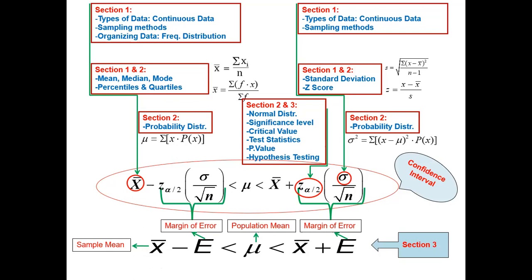Eventually we go to section 3, where we put all that information together to do hypothesis testing and compute confidence intervals, indicating how confident you are in the value you got. For example, here, the mean: how confident are we in the result we estimated as the mean?